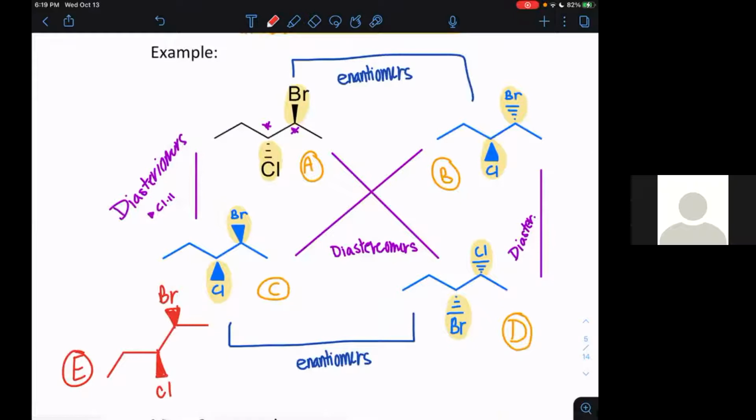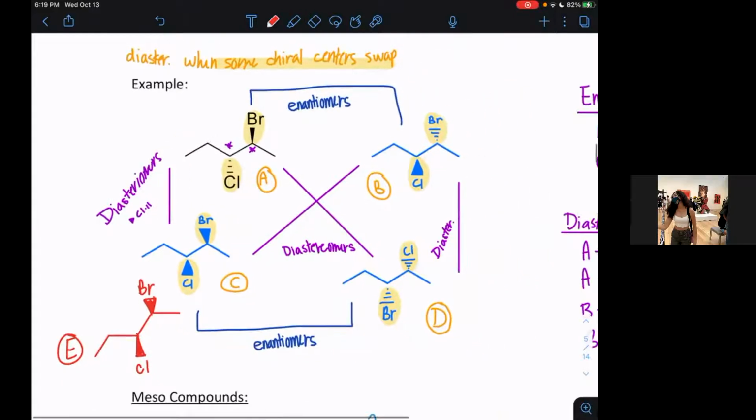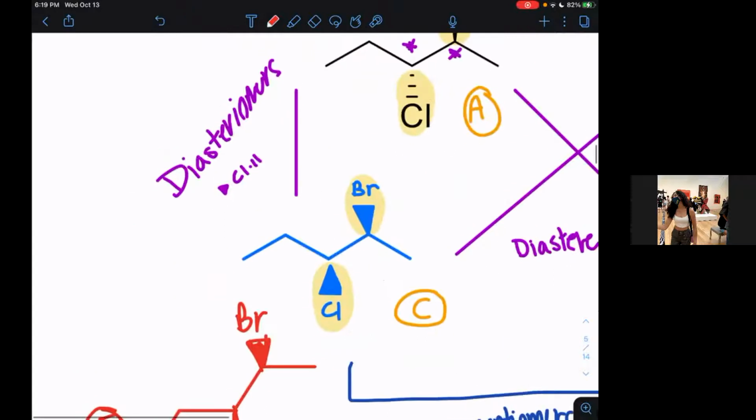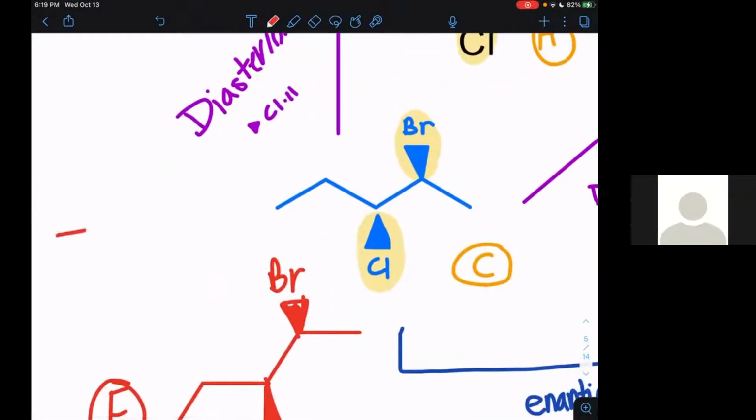It's right above. Oh, E, just kidding. So she made that compound and then rotated it to make it look like C.